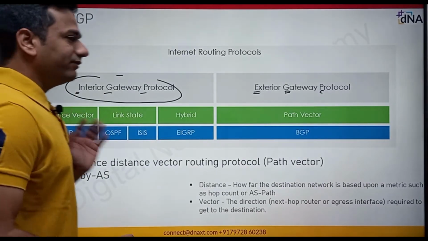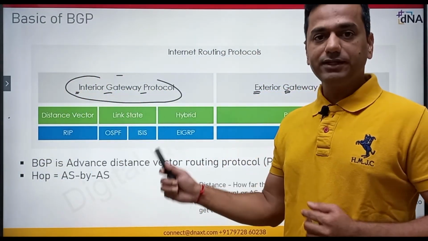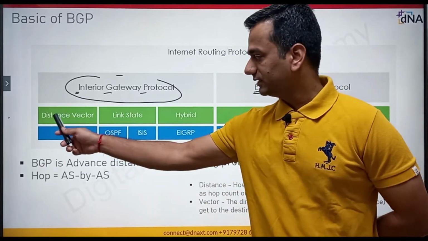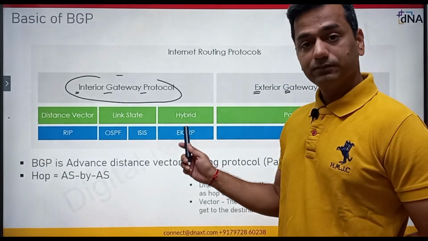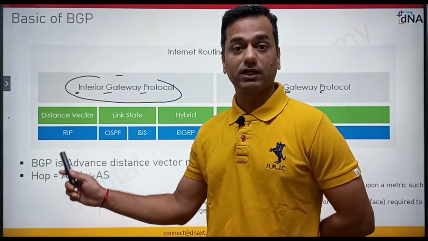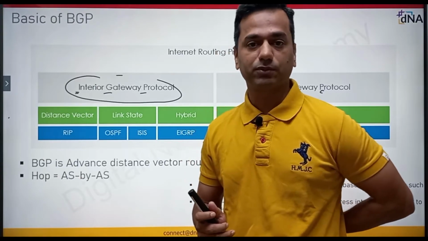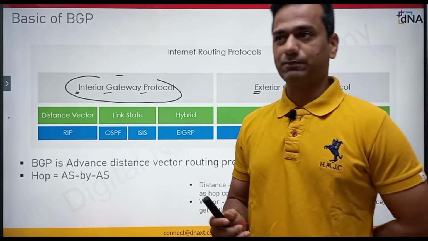Then when I say interior gateway routing protocol, there are a couple of protocols that fall under it: distance vector, link state, and hybrid. So who is our distance vector protocol? RIP, Routing Information Protocol version 1 and version 2, but nowadays nobody uses it, right? It's obsolete.